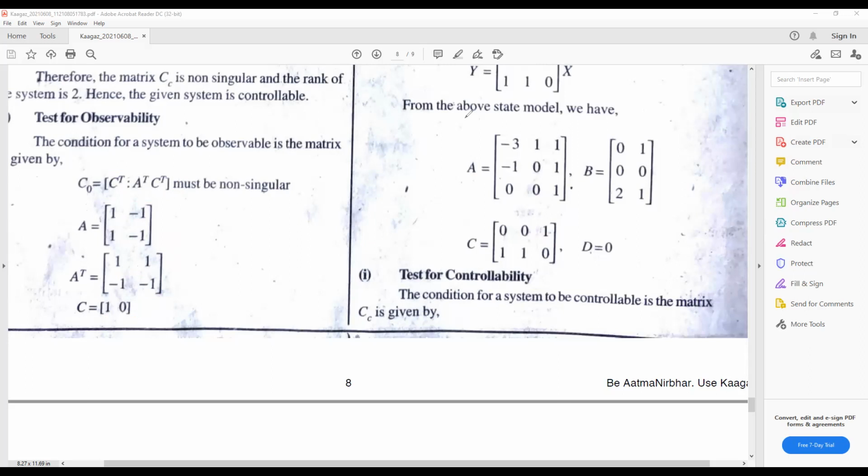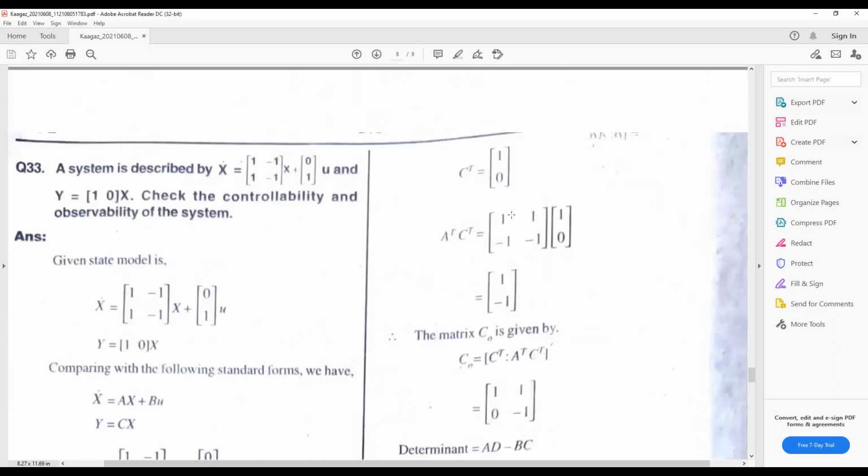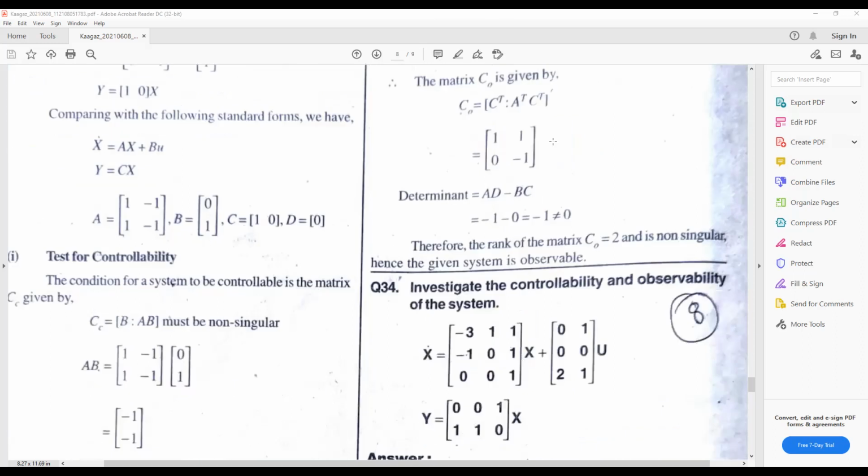Calculating the determinant: A transpose into C transpose is 1, 1, minus 1, minus 1 times 1, 0, which gives 1 into 1 plus 1 into 0, so 1, minus 1. The determinant is minus 1. Therefore the rank of the matrix is 2 and the matrix is non-singular. Hence the given system is observable.